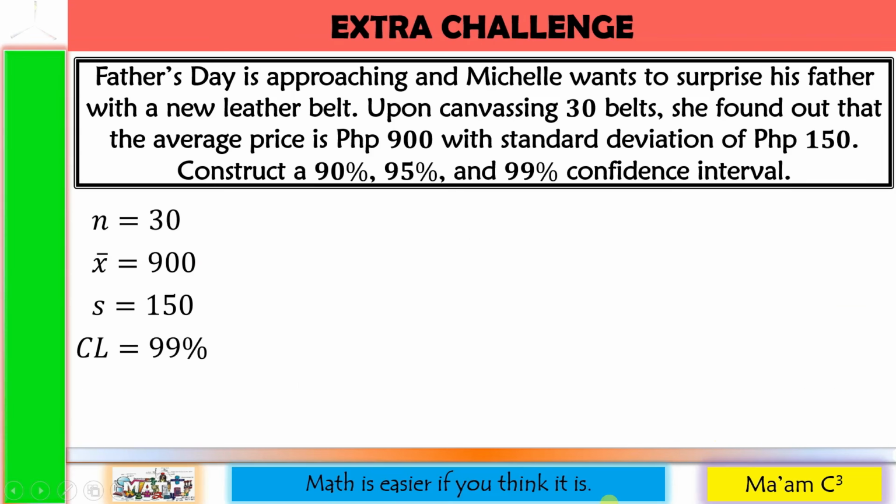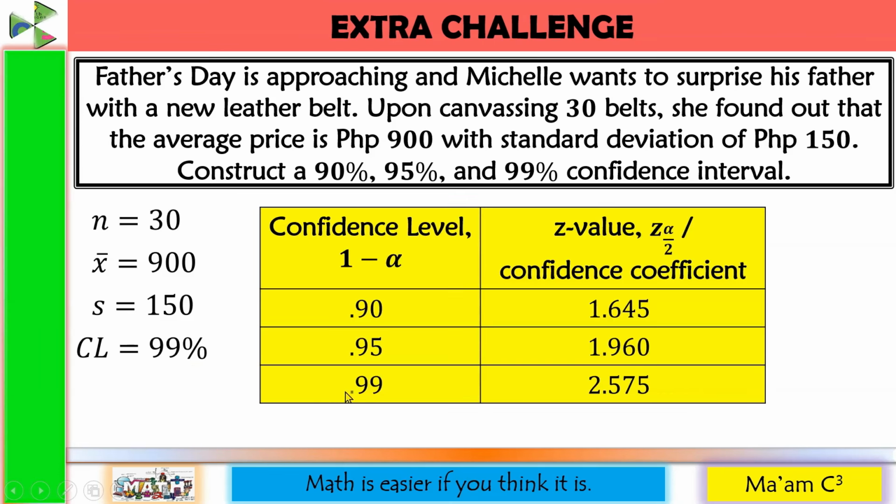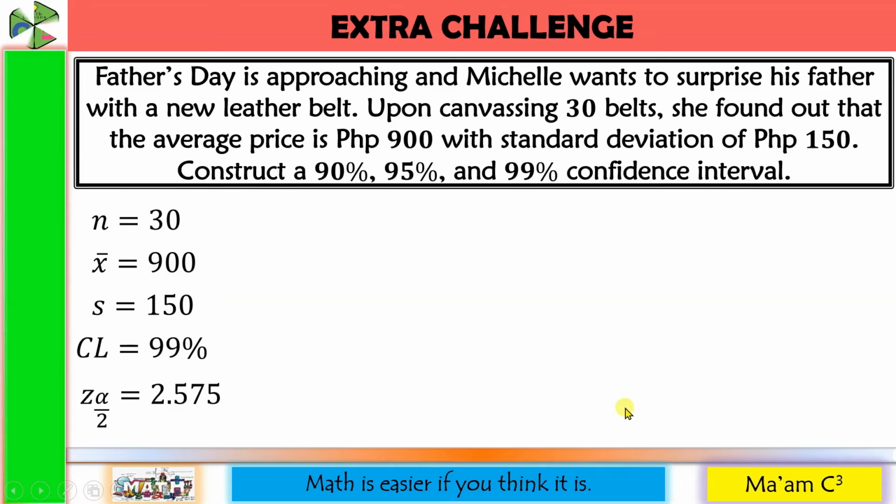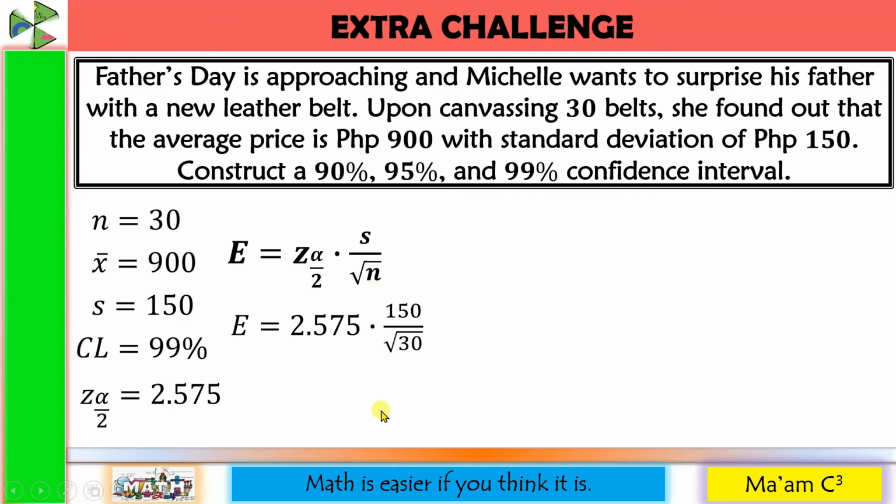Last one, 99% confidence level. For 99%, our critical value is 2.575. Margin of error, 2.575 for Z sub alpha over 2, 150 for S, and 30 for N. And this will give us 70.52.